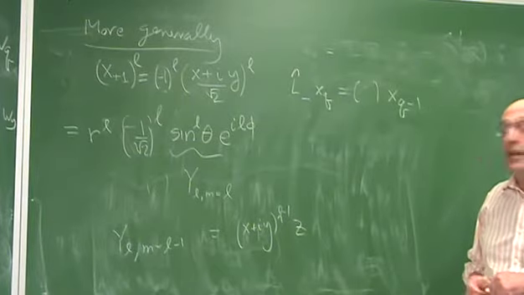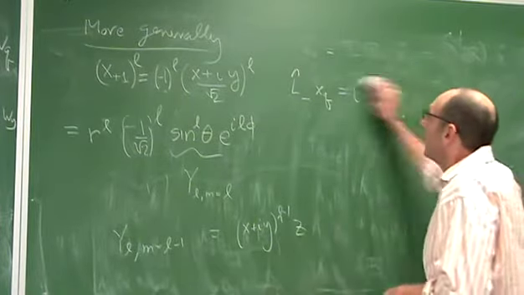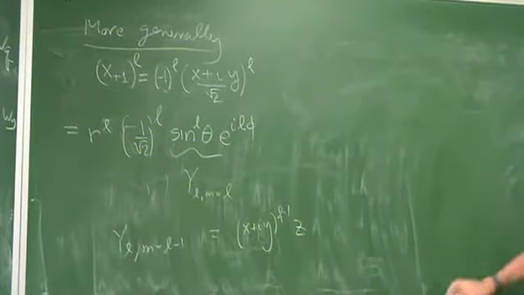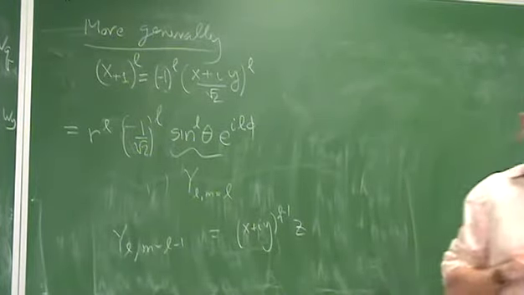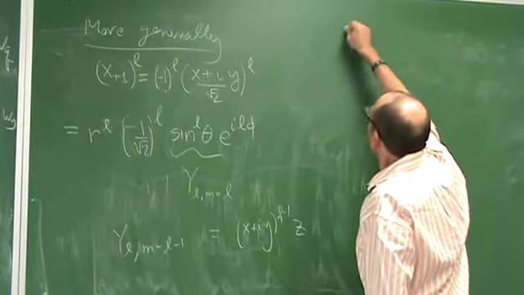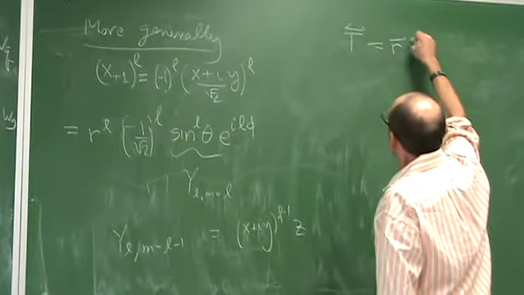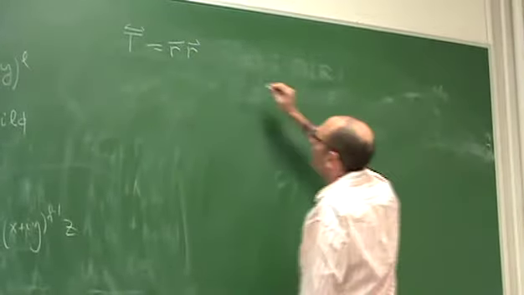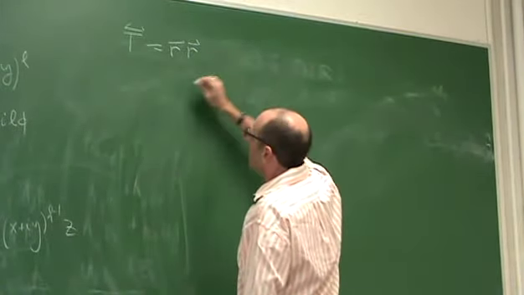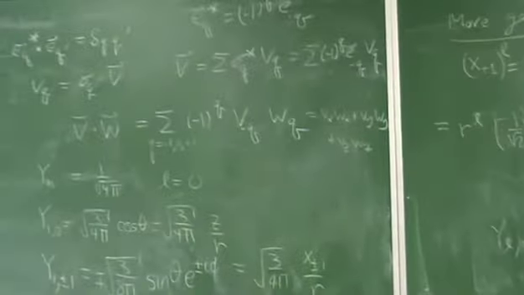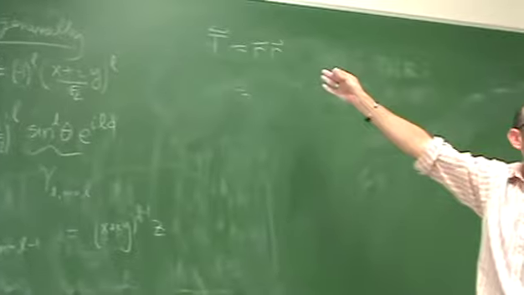All right. So let's just, as an example, look at the tensor, which is the outer product of R with itself. So if I write this out, now there is no irreducible vector component of this because R cross R is 0.